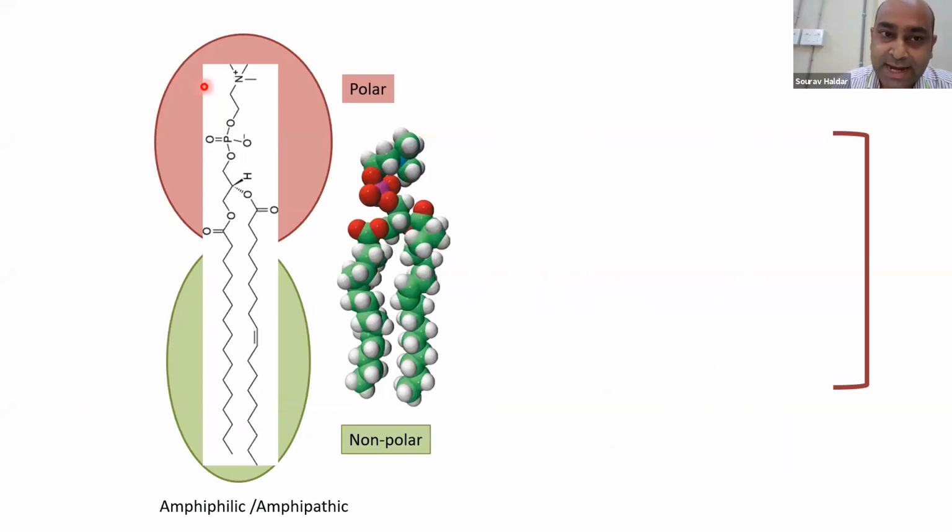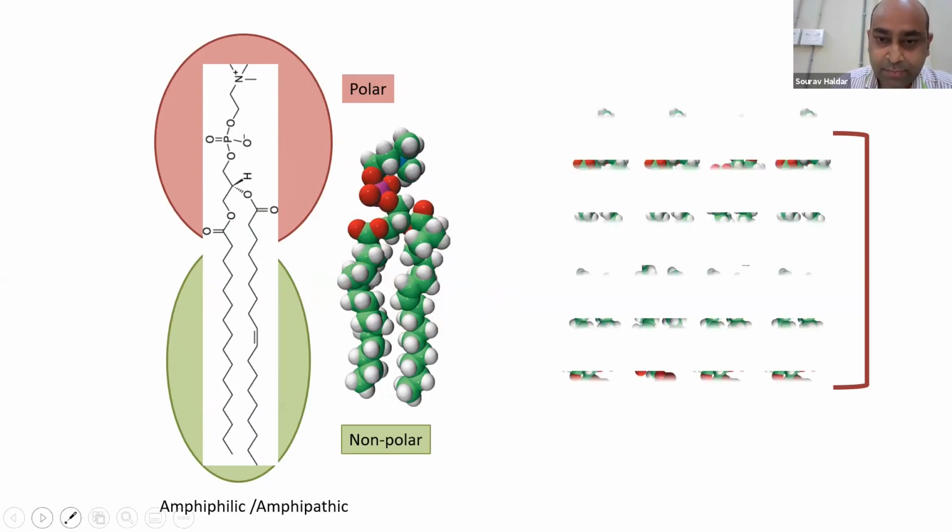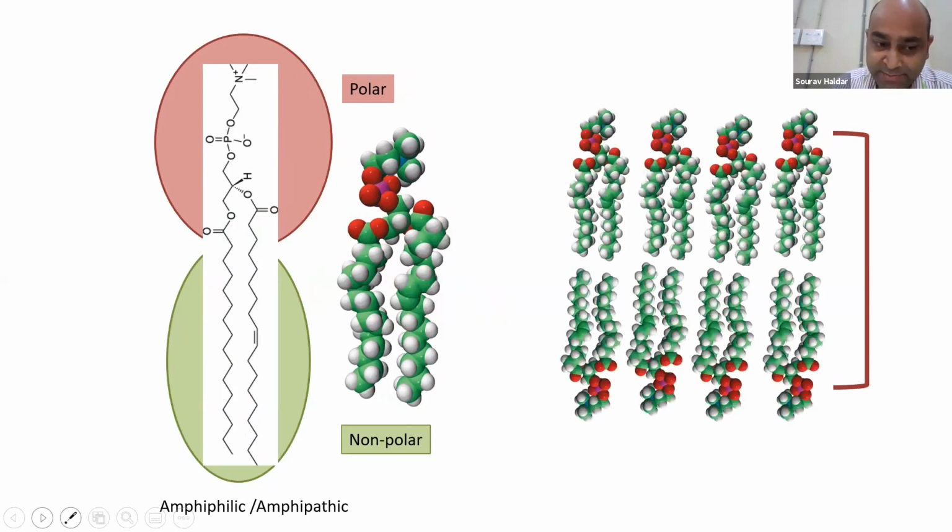So as I mentioned, the principle for bilayer formation is similar to micellization. However, in this case, when we have a two-tailed lipid molecule, the organization that is formed is not a spherical micelle, but rather a bilayer arrangement.